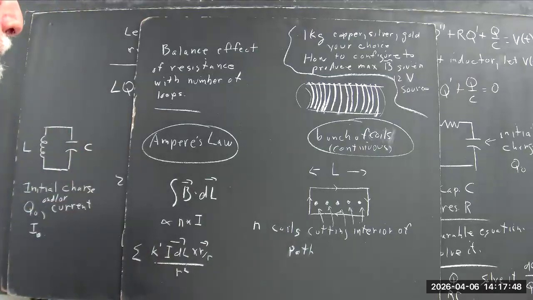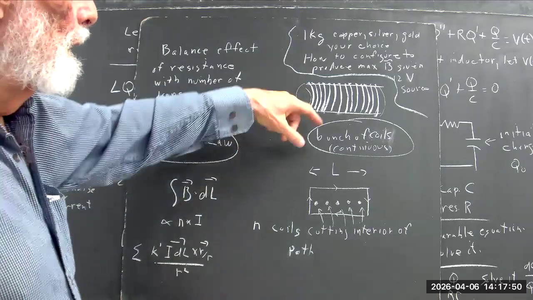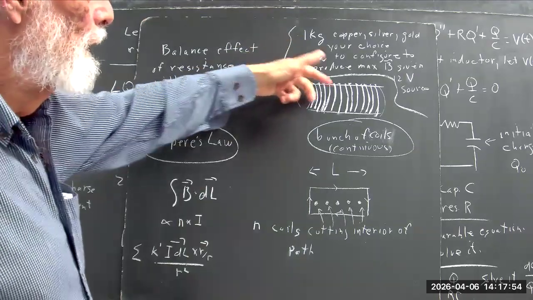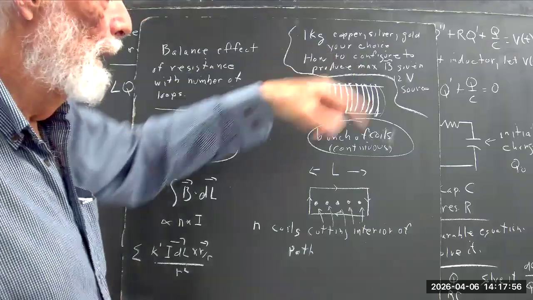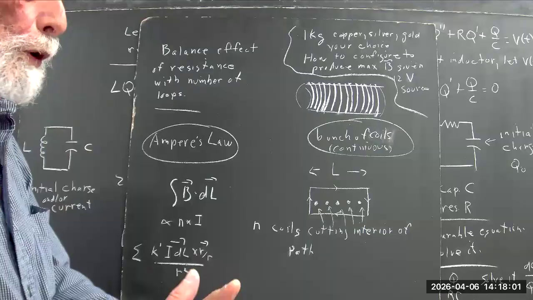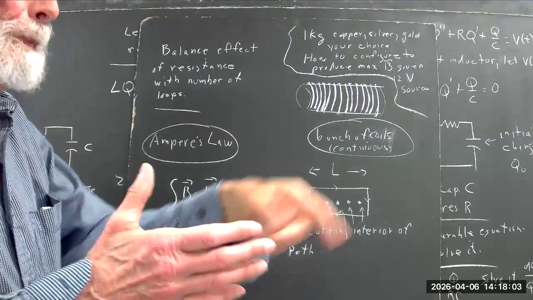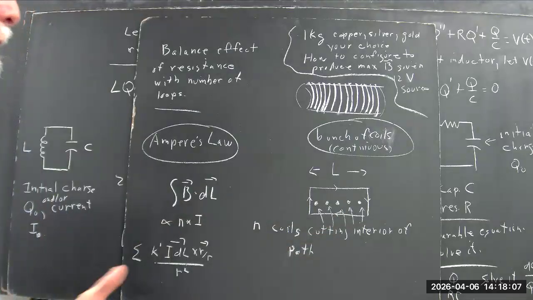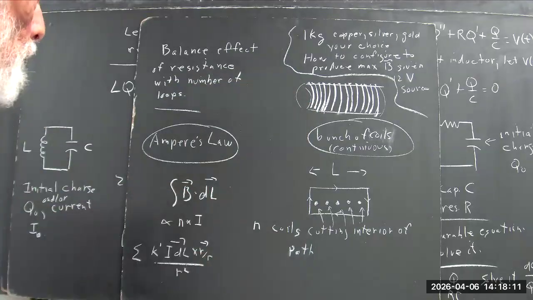And we can use it to maybe evaluate the relative merits of this configuration as far as getting your maximum magnetic field versus a single loop or a bunch of loops close together or two sets of loops like the Helmholtz coils or something else that you might think of, a couple of rings, okay?